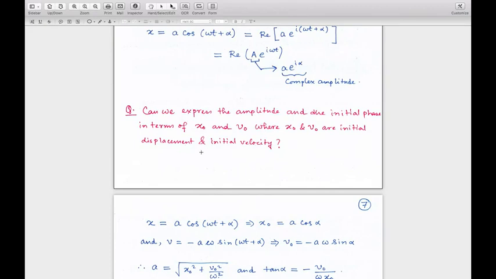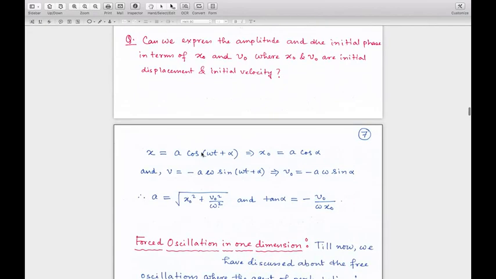The answer is no. Amplitude and initial phase depend very much on the initial conditions. If x is equal to a cos(omega t plus alpha), then x0 is nothing but a cos alpha, and v is equal to minus a omega sin(omega t plus alpha), so v0 will be minus a omega sin alpha.